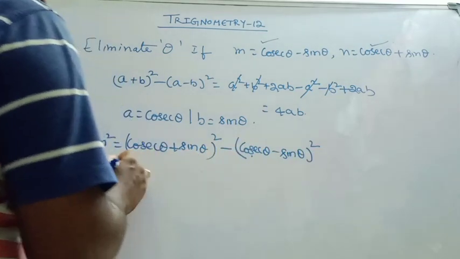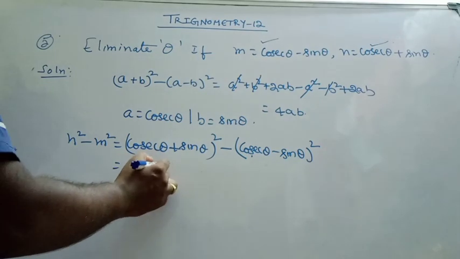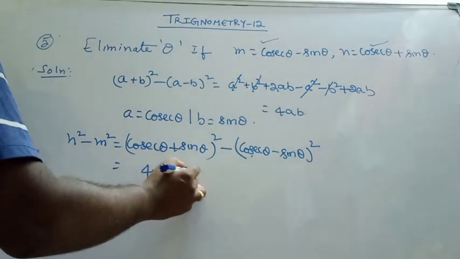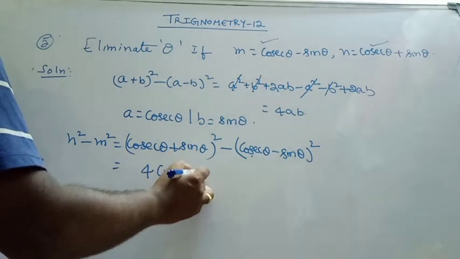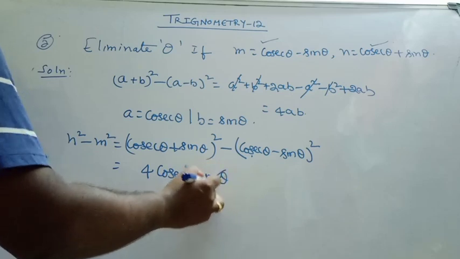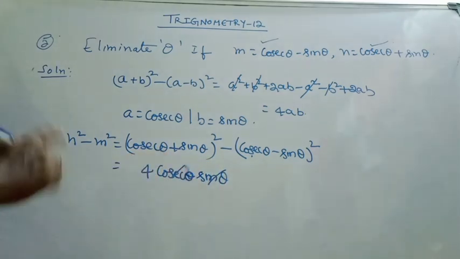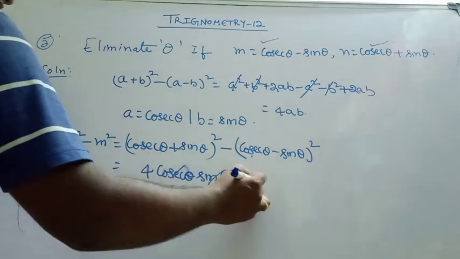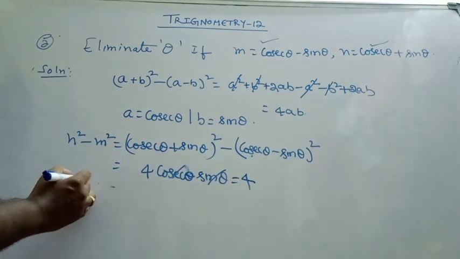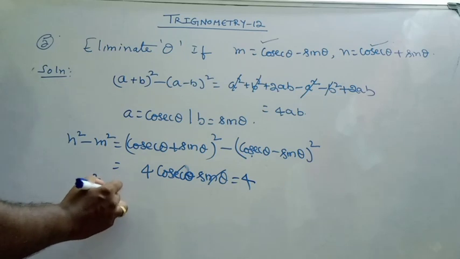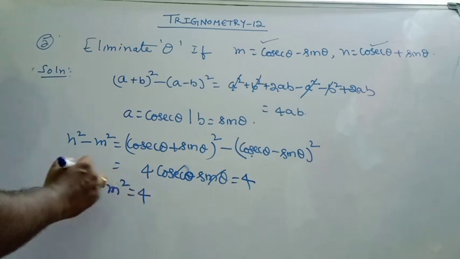This is 4ab, that means 4 into cosecant theta into sin theta, and you know that sin theta and cosecant theta will cancel because cosecant theta equals 1 by sin theta. That means you have got 4. Therefore n square minus m square is equal to 4.